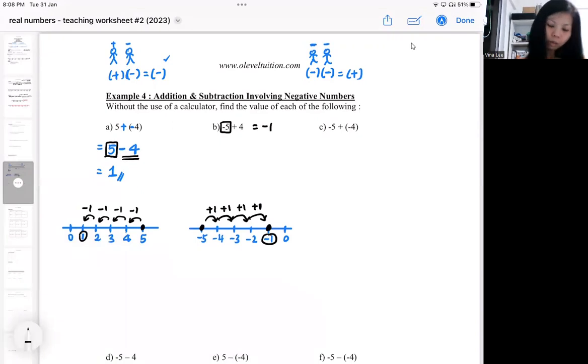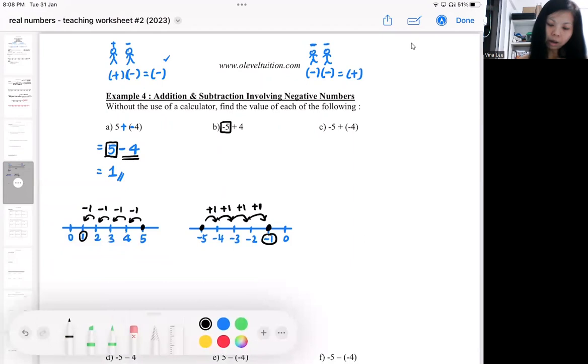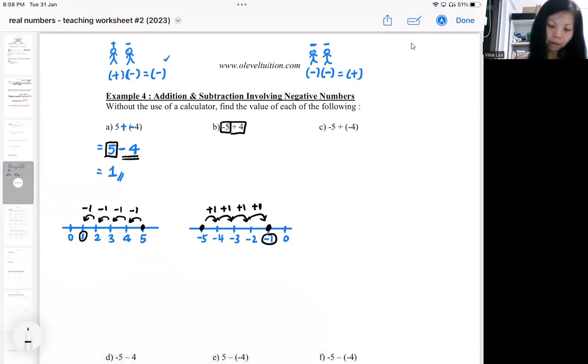Okay, another way that we can do it is I shuffle them. I shuffle to +4 minus 5, which is like a small number minus a bigger number. So I will get a -1.